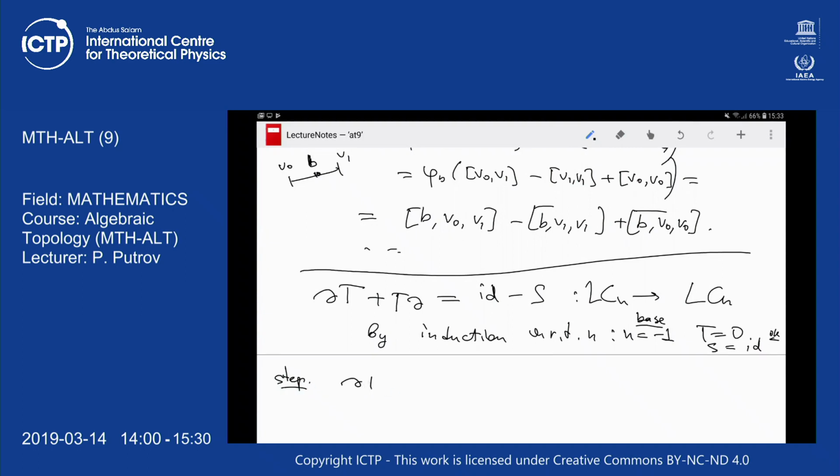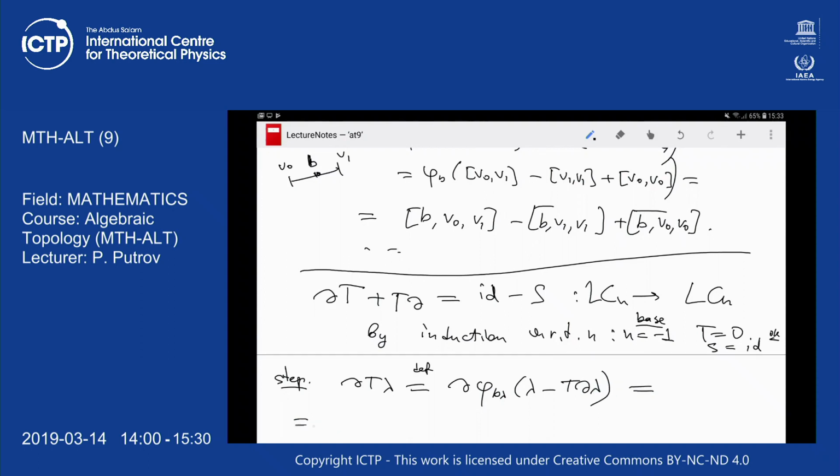So let me consider dT here. This guy acting on some generator lambda. So by definition, it's d. So I use the definition of T, which I had before, which is phi d lambda acting on lambda minus T d lambda.